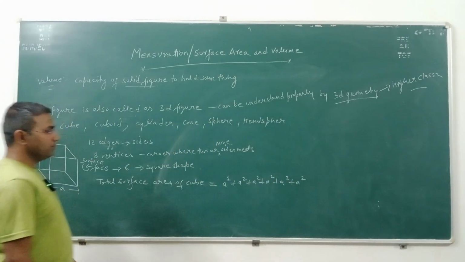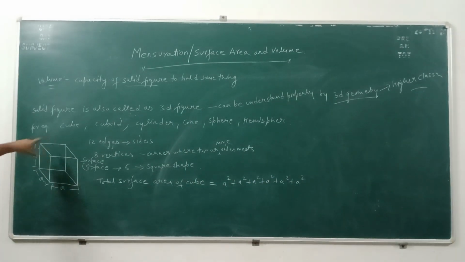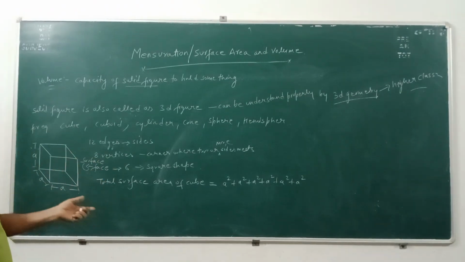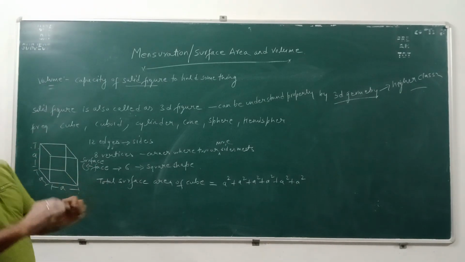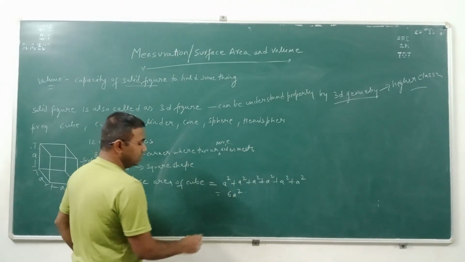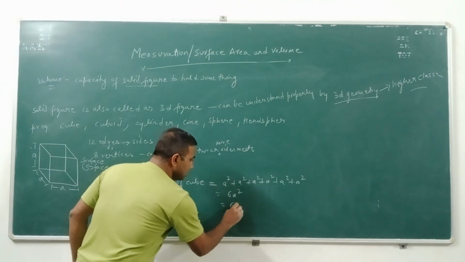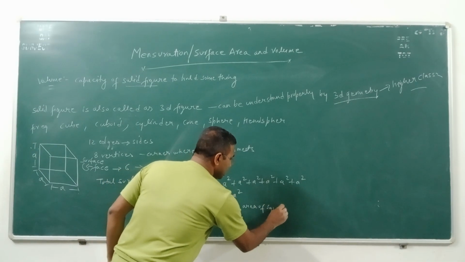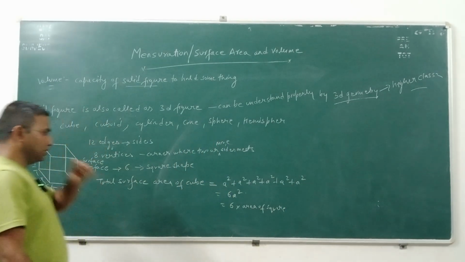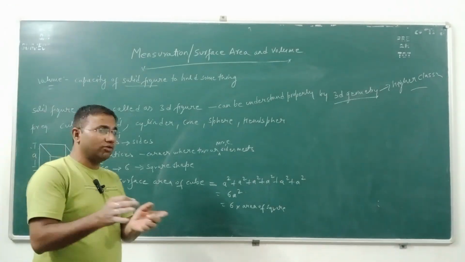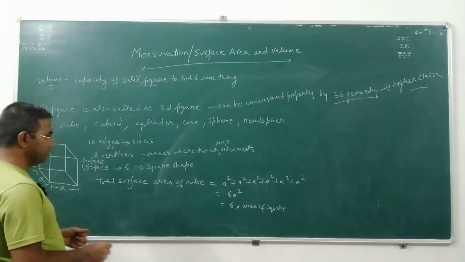Then you get 6a square, which is 6 into the area of a square. So the total surface area of a cube will be 6 into the area of a square.